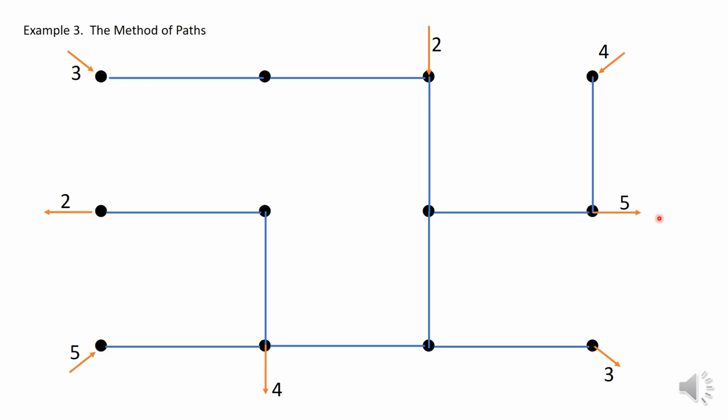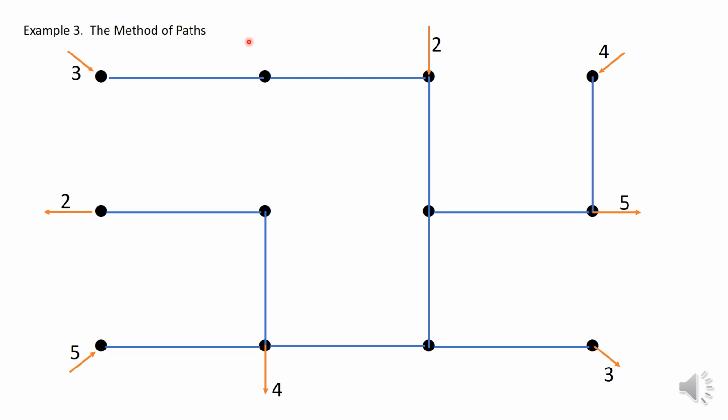So for any flow entering, you have an equal and opposite flow leaving. So you must have balanced flows in a situation like this. In a case like this, we can use what I call the method of paths.